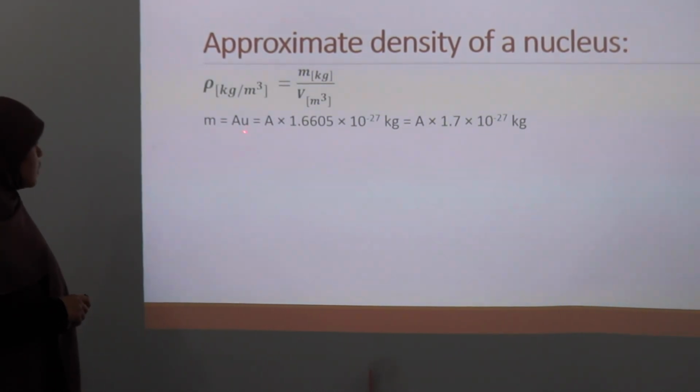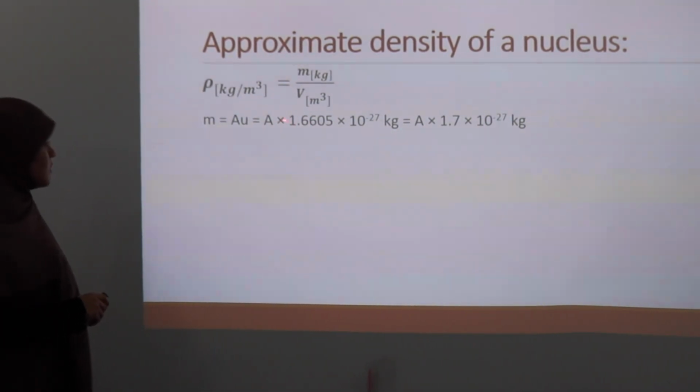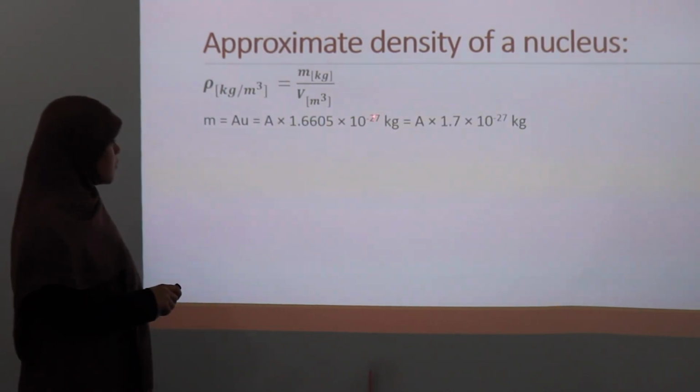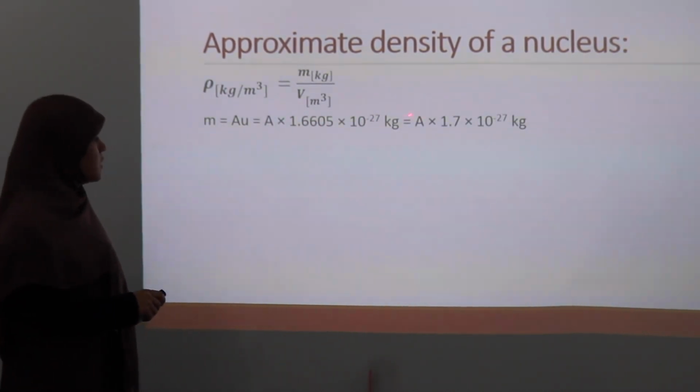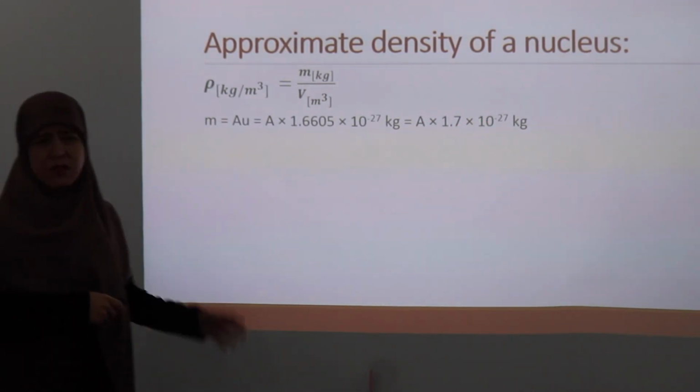So mass equals AU, where A is the mass number of the nucleus and U is a constant equal to 1.6605 times 10 to the power minus 27 kilogram, approximately A times 1.7 times 10 to the power minus 27 kilogram. This is an approximation of U.